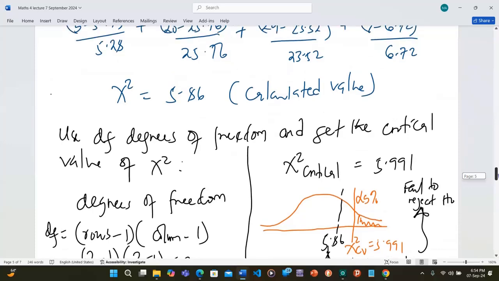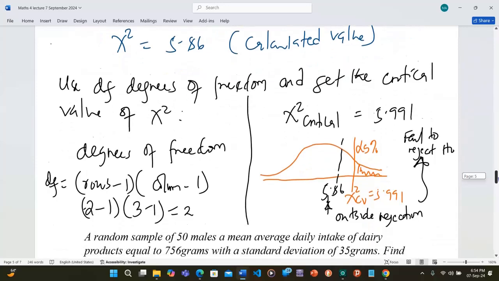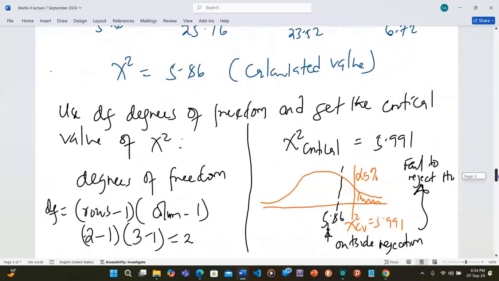Then you compare the calculated value and the critical value. So if it is outside the rejection region, then we shall fail to reject the null hypothesis. But if it was within the rejection region, we could reject the null hypothesis and adopt the alternative hypothesis.